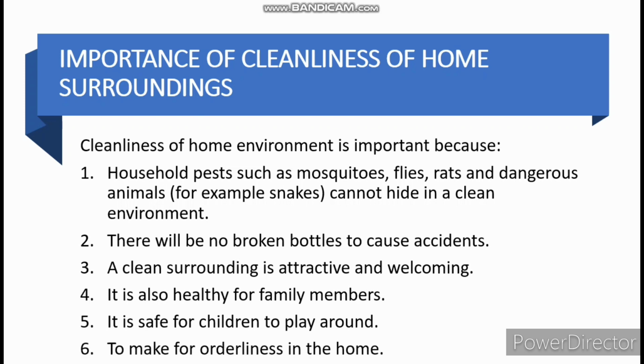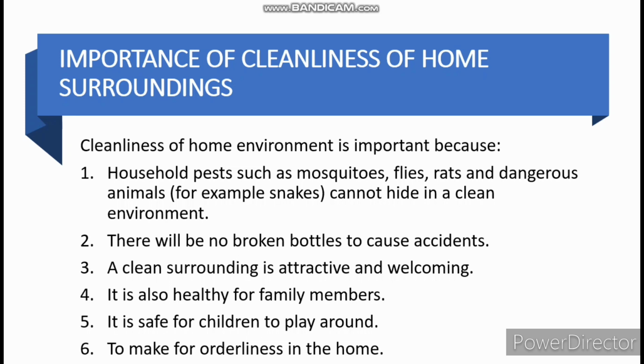Number six, it gives room for orderliness in the home. Everything is placed in order. Everything is put in the position where it ought to be. Everywhere is looking shiny.